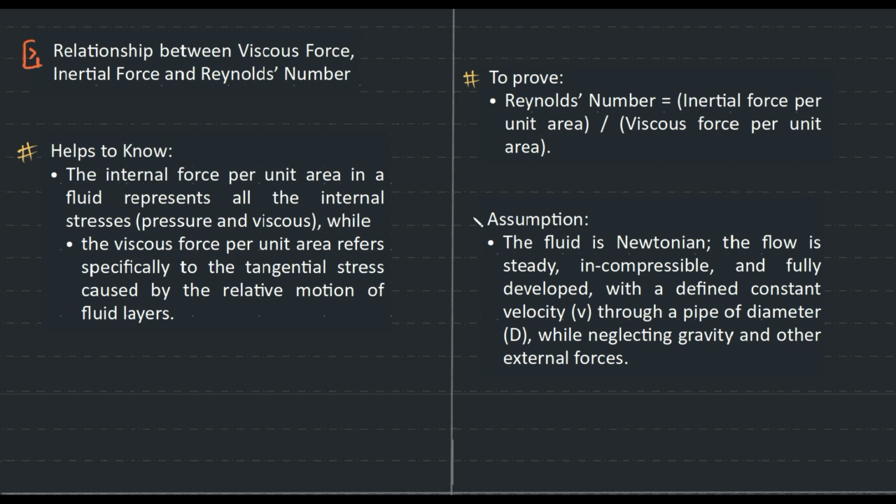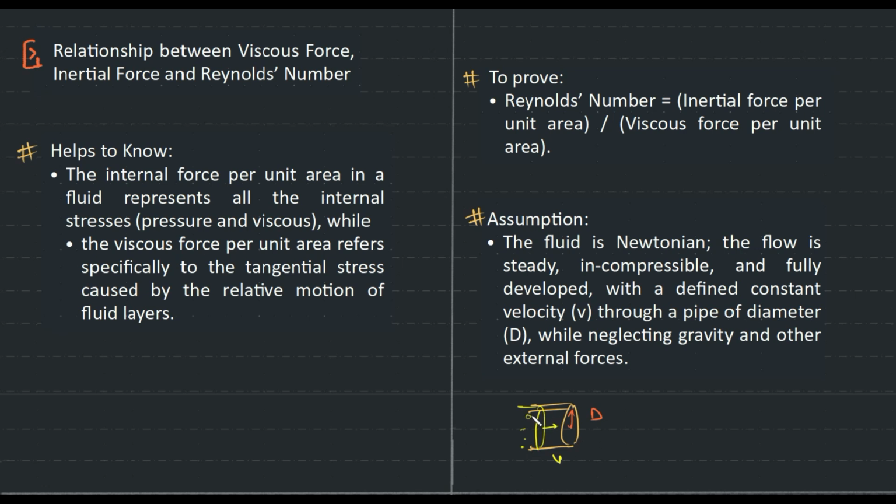Okay. Here too we'll continue to make the same assumption that the fluid is Newtonian, the flow is steady, incompressible, fully developed and so on and so forth. So basically we're considering a pipe of diameter d, and we have water flowing through it with a velocity of v.